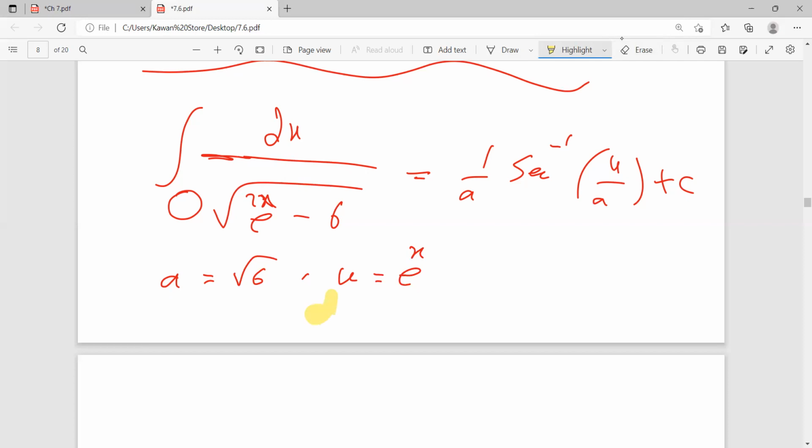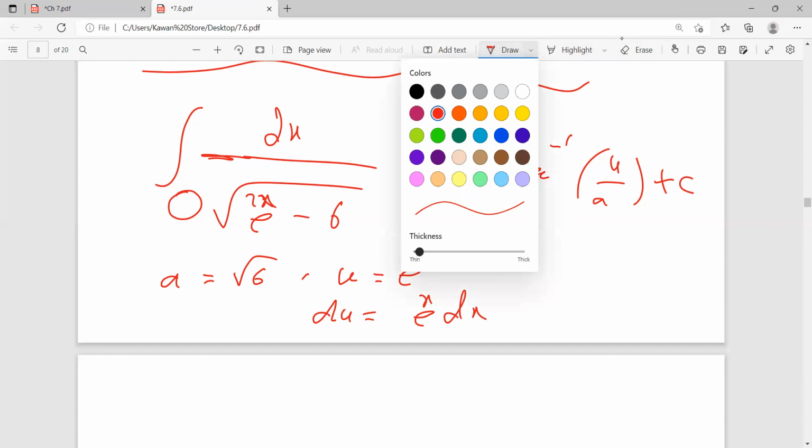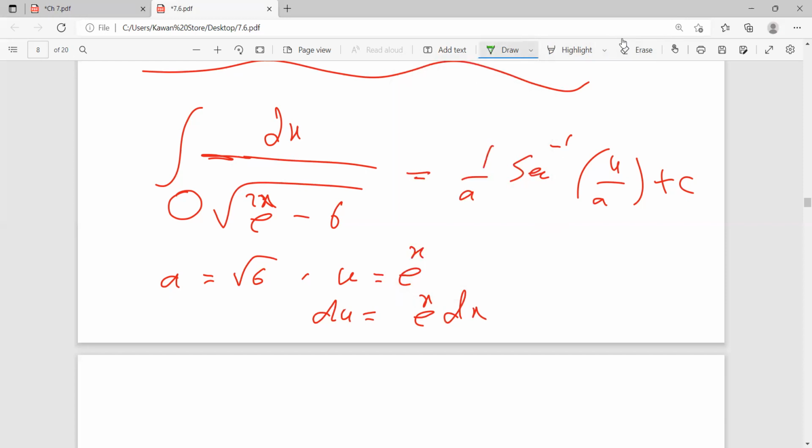Tell me about du. How about du is equal to what? Itself, right? e to the x dx. So what is missing here? We have u and du.